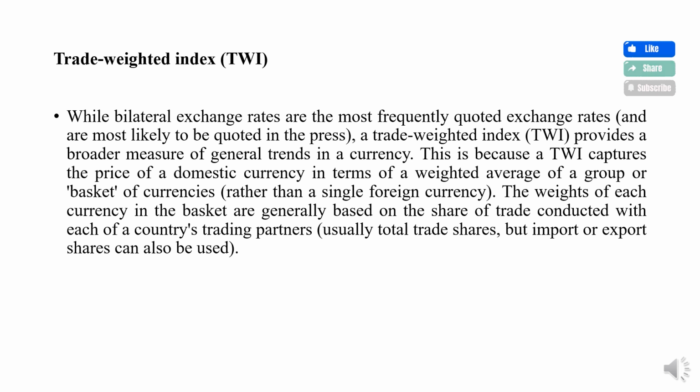As a result, a trade weighted index can measure whether a currency is appreciating or depreciating on average relative to its trading partners. A trade weighted index generally fluctuates less than bilateral exchange rates because movements in the bilateral exchange rates used to construct a trade weighted index will often partially offset each other.